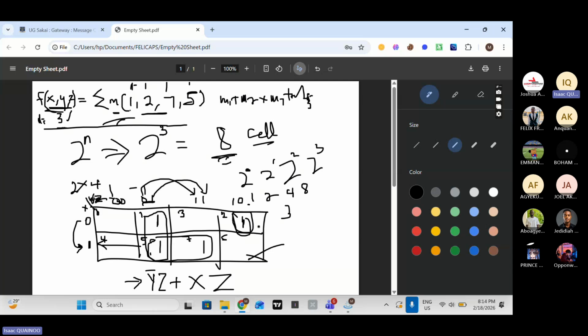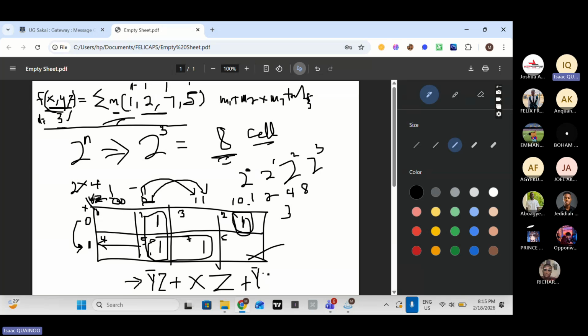So if we compare this one to our x, our y, and our z, our y here is seen, but it's inverted, okay? Our z here is present, not inverted, and we can see that our x here is present, but in the inverted form.